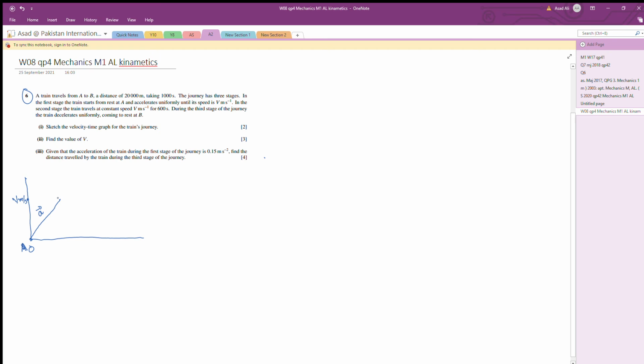In the second stage, the train travels at constant speed. With the same speed it travels now for how many seconds? You will see it is 600 seconds. So from here till here, this movement is for 600 seconds. Now during the third stage, the train decelerates uniformly, coming to rest at the point B. Let's denote this time with t, and here this is 600 seconds.